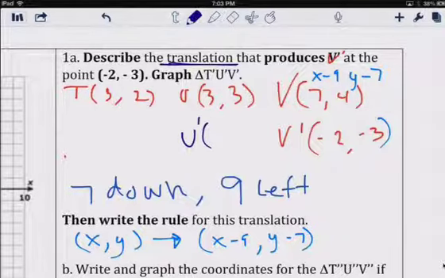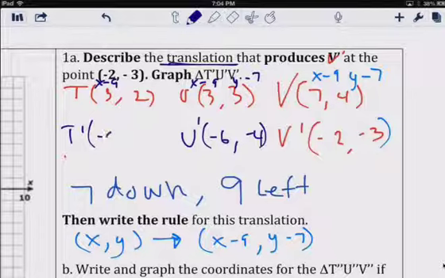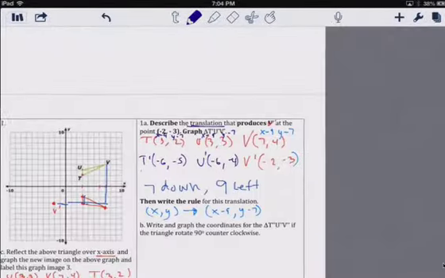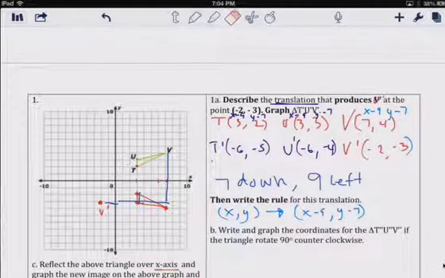U prime becomes x minus 9, which is -6, and y minus 7, which is -4, and T prime is x minus 9, which is -6, and y minus 7, which is -5.